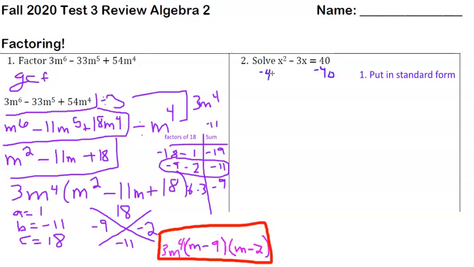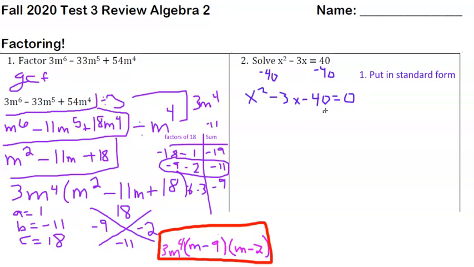And then we'll rewrite it in our standard form: x squared minus 3x minus 40 equals 0. From there, let's identify a, b, and c.